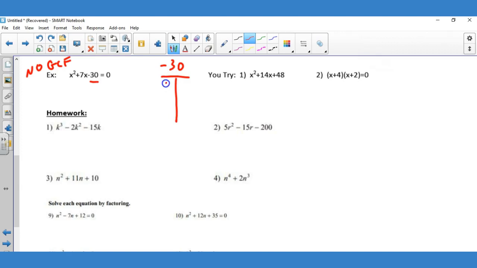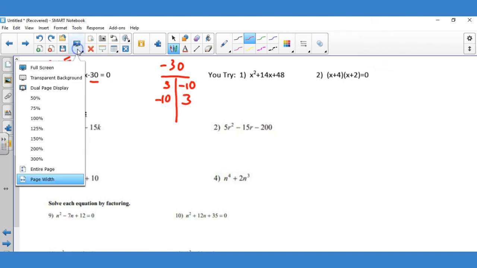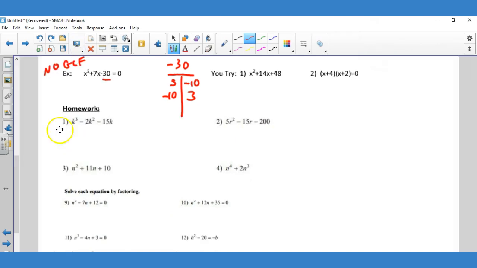We've got 1 and negative 30, 2 and negative 15, 3 and negative 10, or 10 and negative 3. One of these has to add up to give me positive 7.